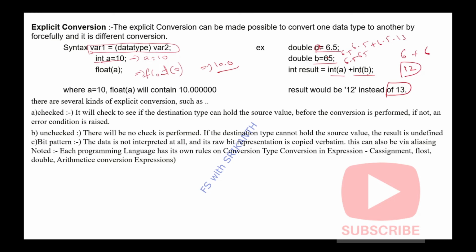The program just changes A and B, 6.5 and 6.5, without forcing. We are doing it forcefully, so automatically we lose some values. That is a problem in explicit type conversion.